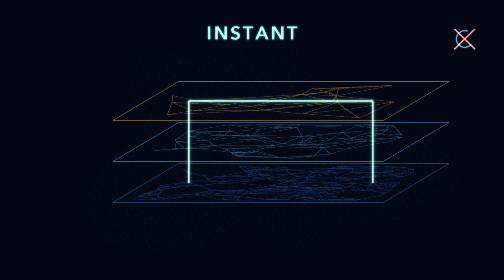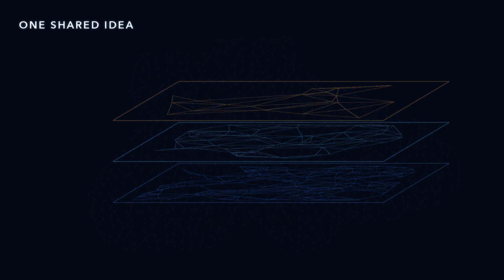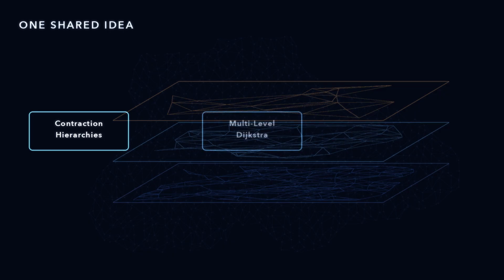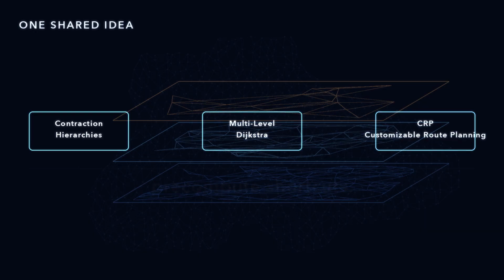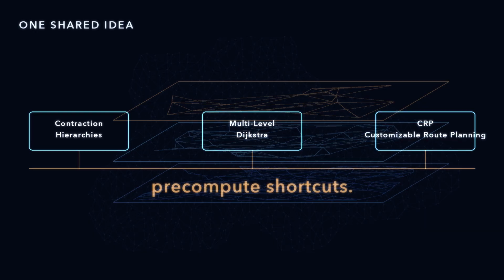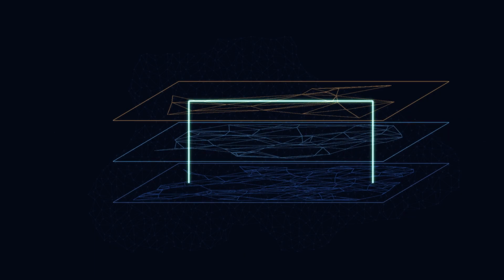Different systems build these layers in different ways, with names like contraction hierarchies or customizable route planning. The details differ. The core idea is the same. Think ahead, build shortcuts, and let long trips skip the boring middle. This is the quiet engineering that turns impossible into instant.